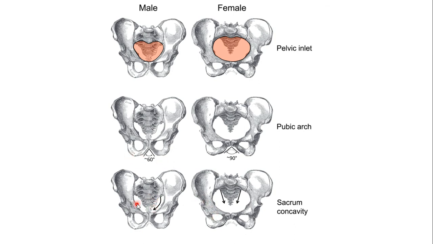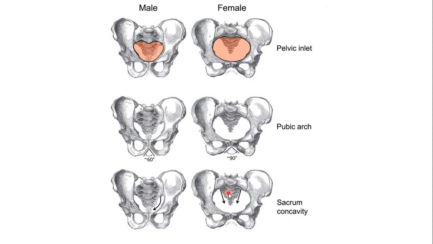The male sacrum is more concave, whereas the female sacrum is more flattened. Again, the male sacrum is more concave than the female, which is more of a flat surface.